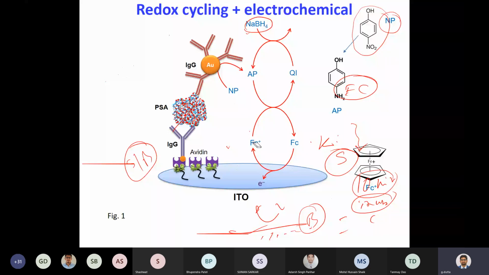If you check that within 10 minutes they are not reacting, then you have to think about some other starting material, not NP, something else. That is fully research purpose. If you can design a new cycle like this with some starting material, then only with that you can get a good paper.